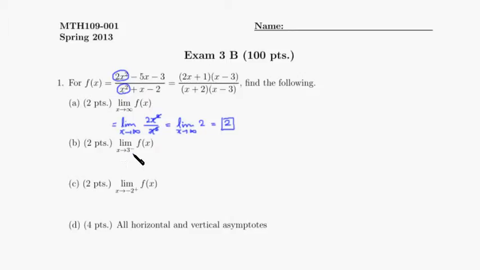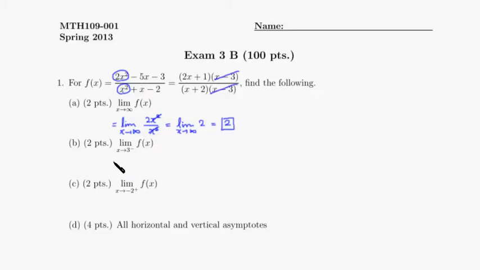Let's look at part B. Now x approaches 3. In that case, we're looking at this factored version of the same function. Before we take the limit, you can see that there's a common factor, the quantity x minus 3, on top and on the bottom, so we can cancel them out.